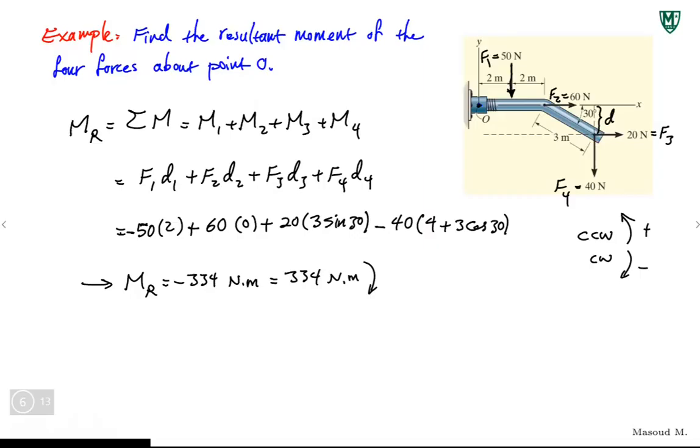There was something in this example I wanted you to pay attention to: for F2, you notice moment M2 became 0. So this is a general rule.